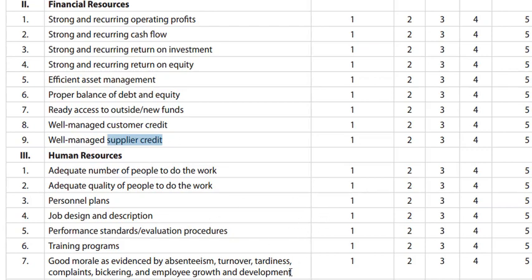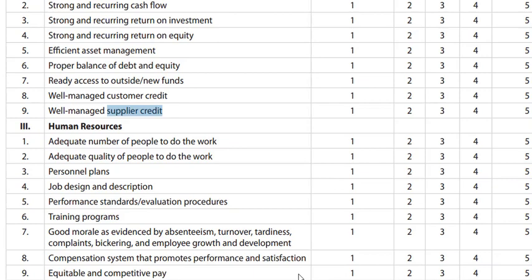Turning towards human resource, we can also judge how human resources are tackled and how effectively they are utilized.